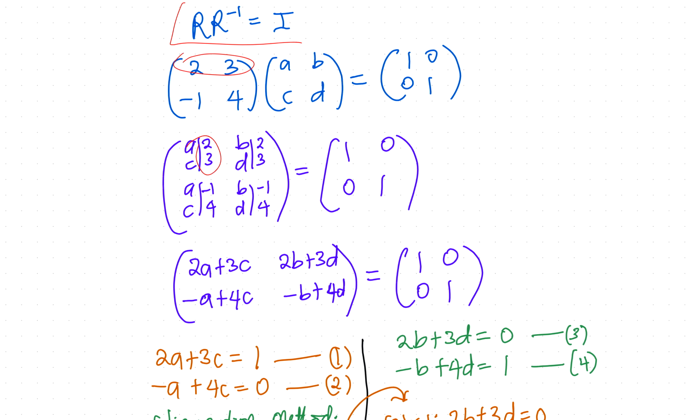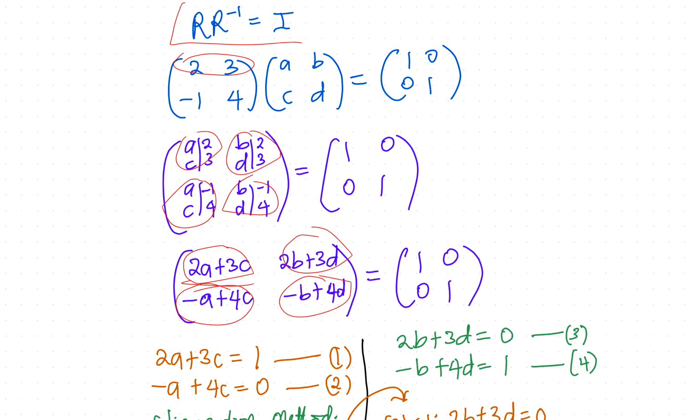You keep that. The next thing is you multiply 2 times A is 2A, 3 times C is 3C. So you have 2A plus 3C here. You have 2B plus 3D, minus A plus 4C, minus B plus 4D, and all of that is equal to the unit matrix 1, 0, 0, 1.